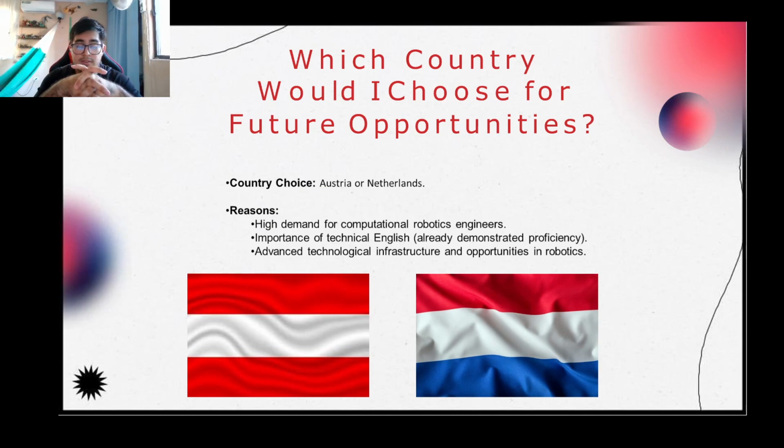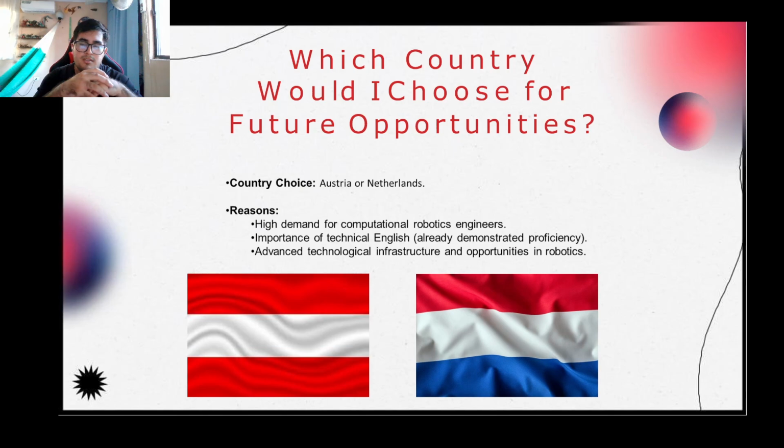The importance of technical English, because they need really good speakers, and the advanced technological infrastructure and opportunity in robotics. In Austria, there's Boston Dynamics, which is one of the most important robotics companies in the world.